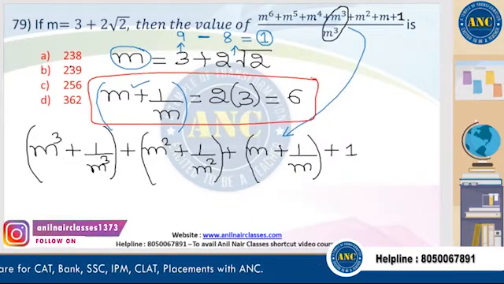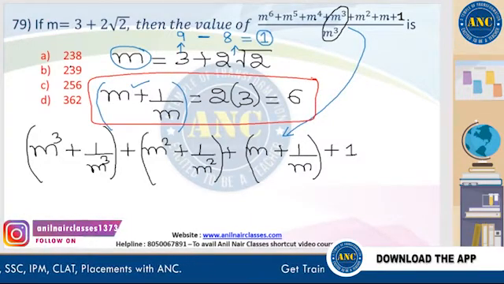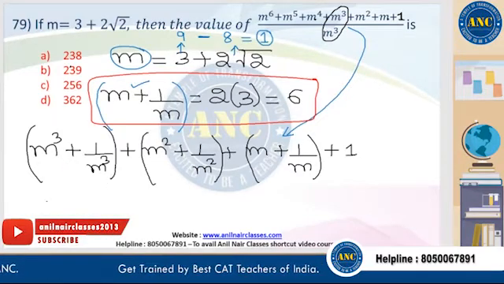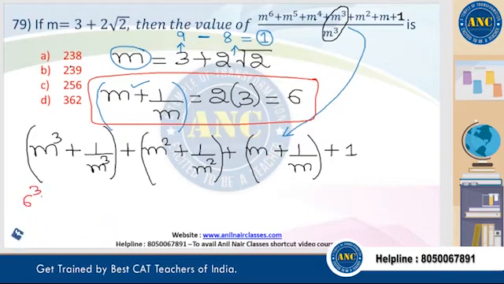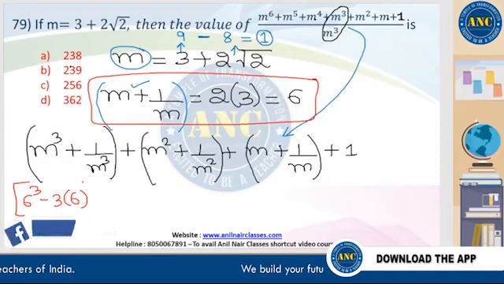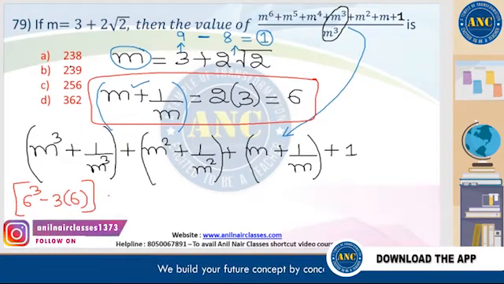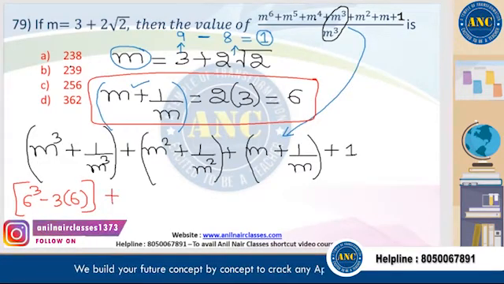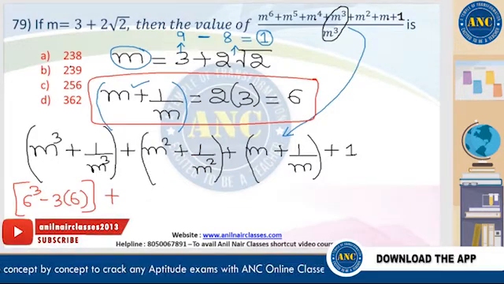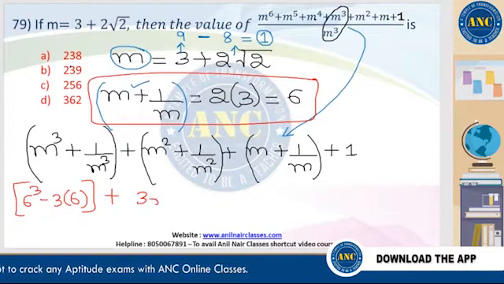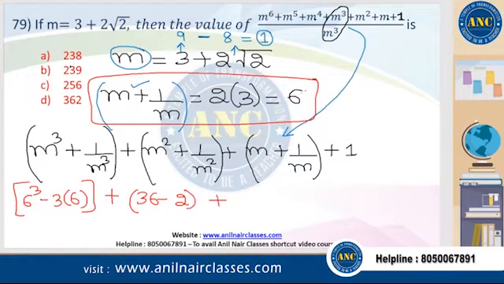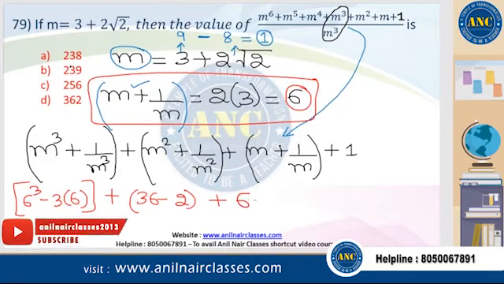All these values can be easily calculated because I know the value of m plus 1 by m. If m plus 1 by m equals 6, m cube plus 1 by m cube will be equal to 6 cube minus 3 into 6. This value is 216 minus 18, which is 198, plus m square plus 1 by m square, which will be 6 square minus 2, that is 36 minus 2, plus m plus 1 by m, known to us directly as 6, plus 1.